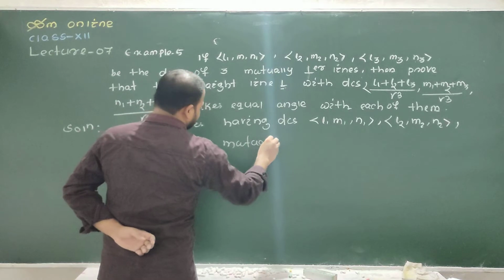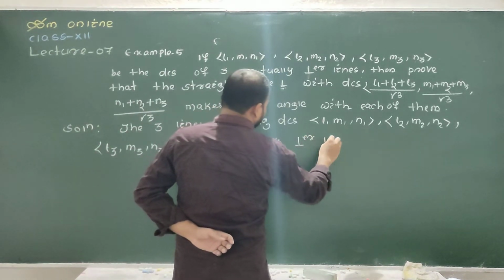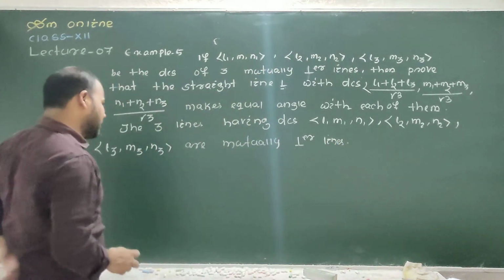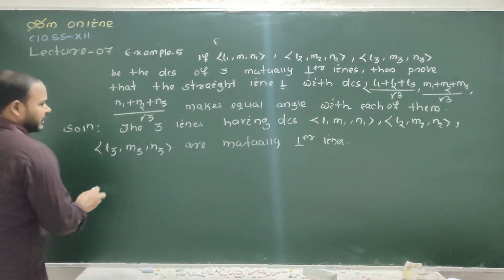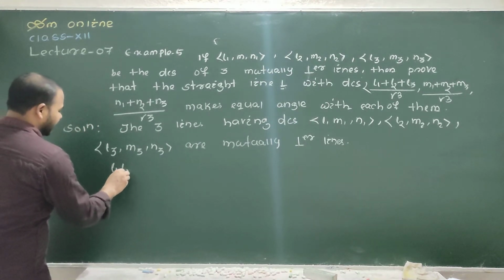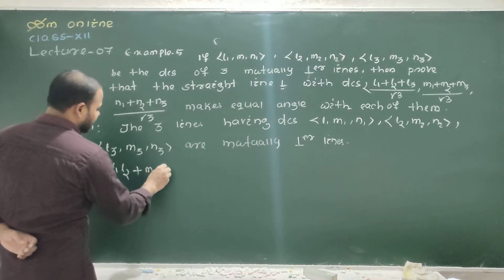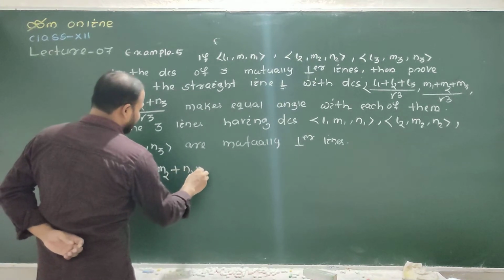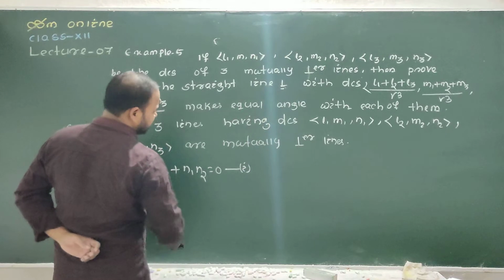It is given that they are mutually perpendicular, so by the condition of perpendicularity we have L1 L2 plus M1 M2 plus N1 N2 equal to 0. This is the first line perpendicular to the second line.